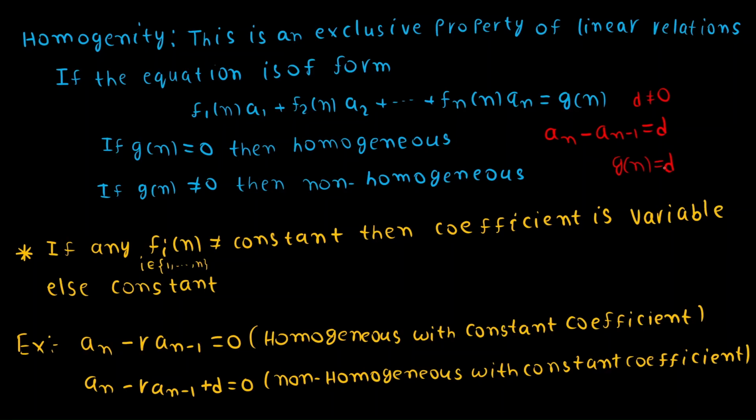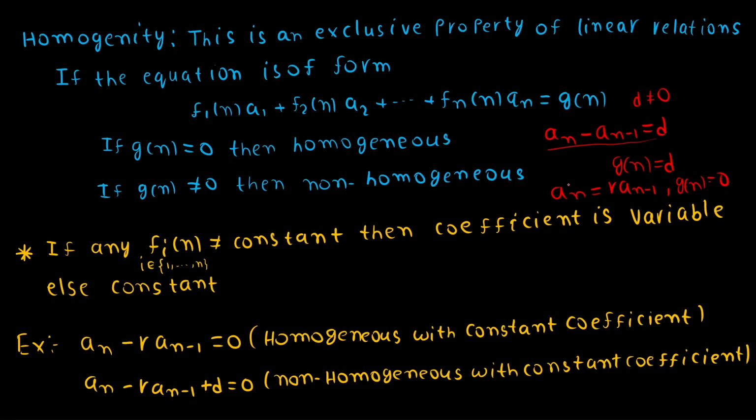Now since g of n is not equal to 0, this recurrence relation is non-homogeneous. But on the other hand, if you consider a GP, here again if you take this to the LHS and compare, you will get g of n equal to 0. And since this is a linear relation, therefore it is homogeneous.